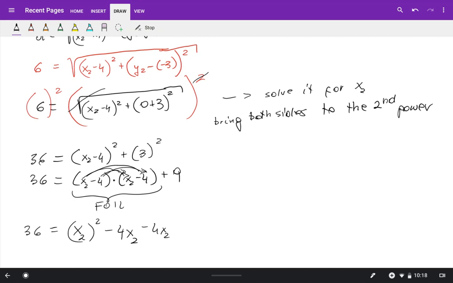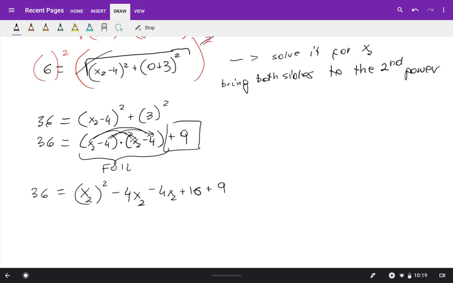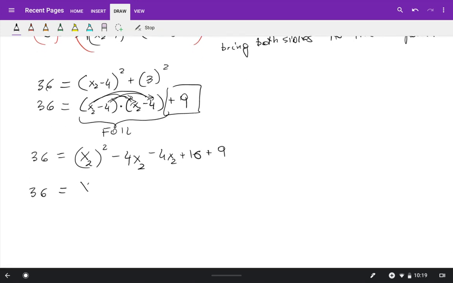And negative 4 times negative 4 gives 16. Don't forget that we still have that plus 9. So let's simplify: 36 equals x2 squared minus 8x2 plus 16 plus 9, which is 25.